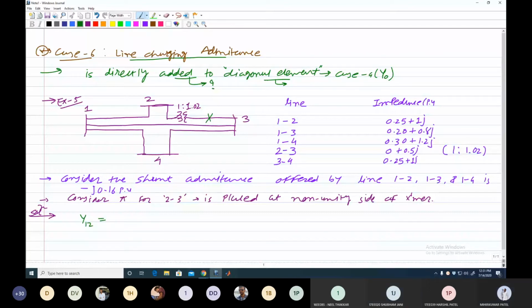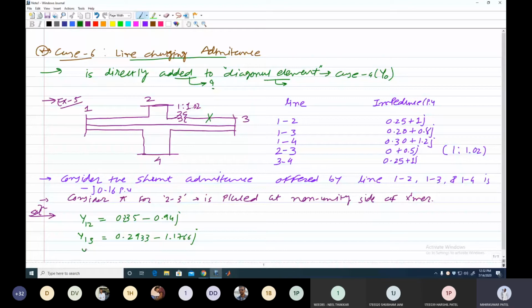It is 0.235 minus 0.94J, very good. And the value of Y13 is 0.293 minus 1.17J.